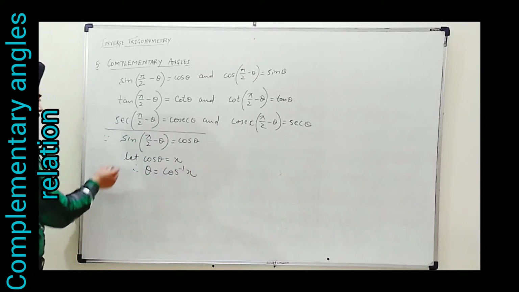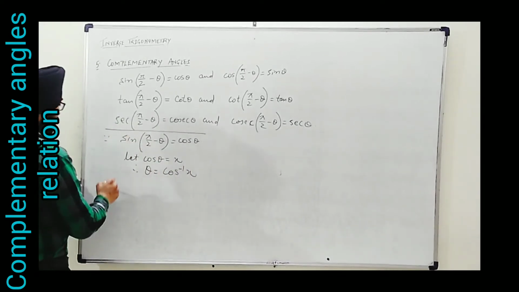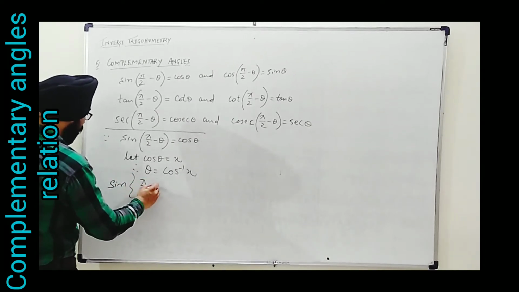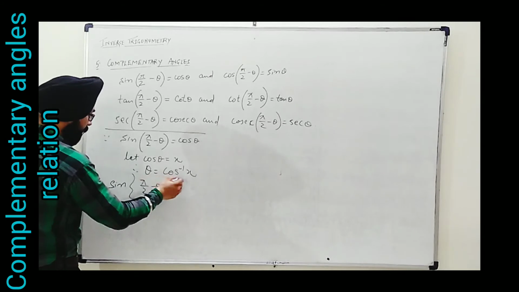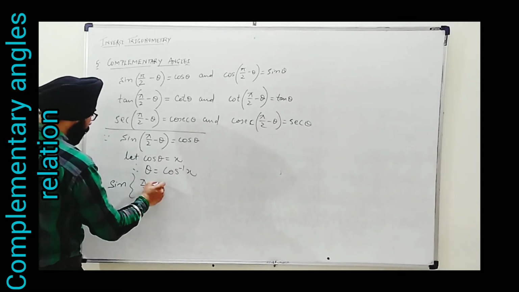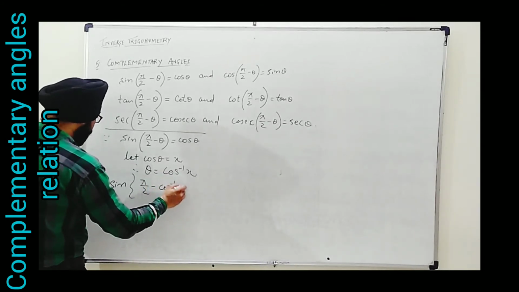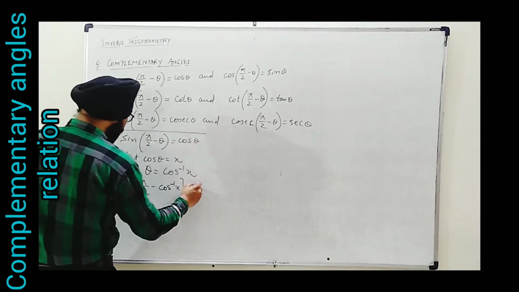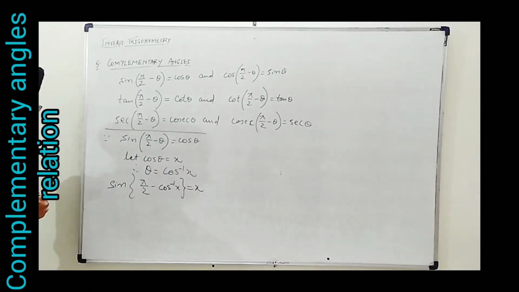Now from this main relation, I can write sin(pi by 2 minus theta). This theta is cos inverse x. So replace it by cos inverse x, equal to this cos theta which we have taken as x. So this value will be x here.